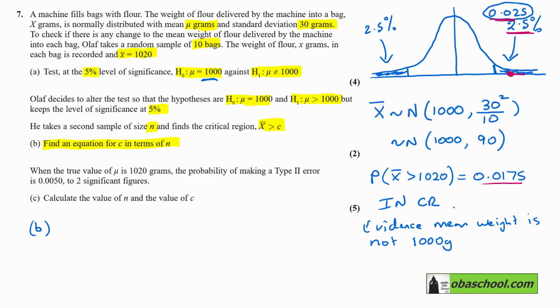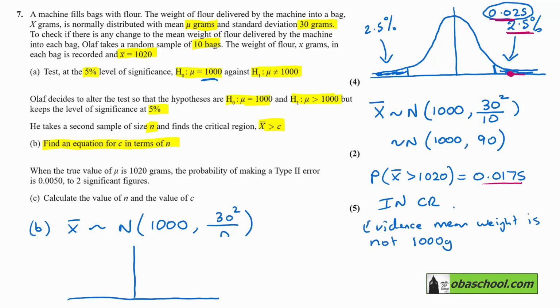So this time our x bar is a normal, 1000, 30 squared divided by n. We don't know what that number is this time. And we know that we're taking a one-tailed test.